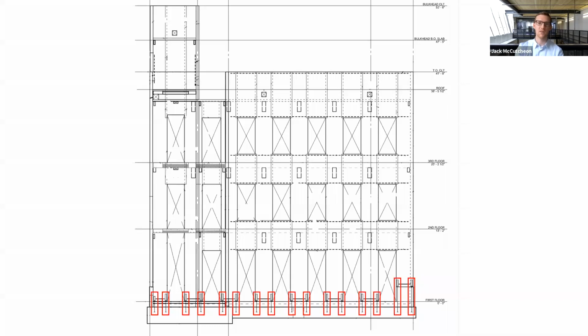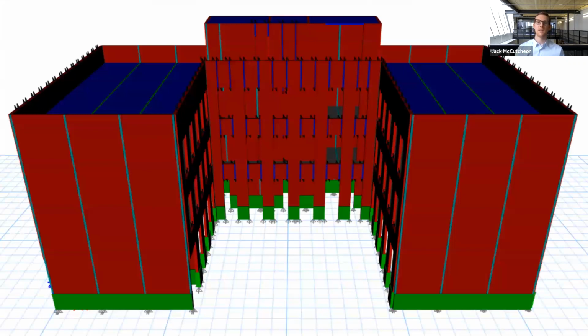And then at the base of our piers, there are hold downs at each end, much smaller in this case because of the quantity of those piers. And then lastly, the thing I wanted to point out with this is, even though there's a prescriptive code path to get these buildings approved, there's still some challenges for us on the design side.